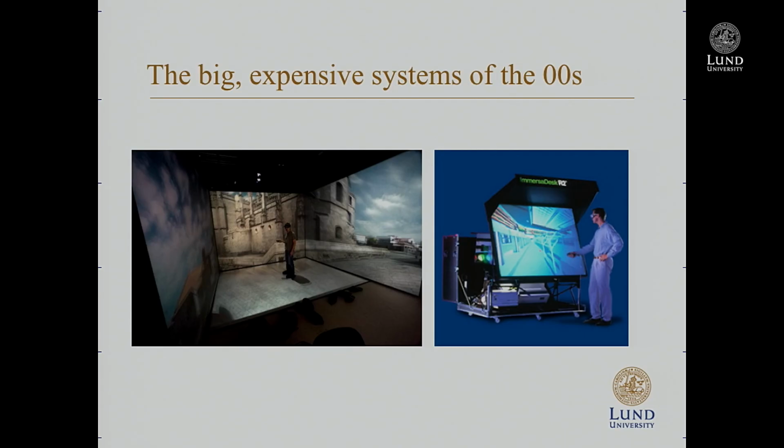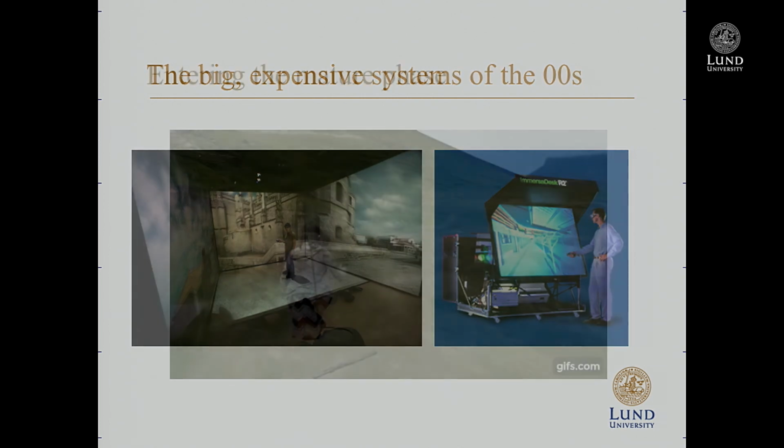And it turned out it was all just a bunch of crap. Jump 10 years into the future, and now it's big, expensive, hard to maintain systems. This is the cave we have here in Lund, and another example, an immersive workbench, to the right. This is very typical for the beginning of the 21st century.